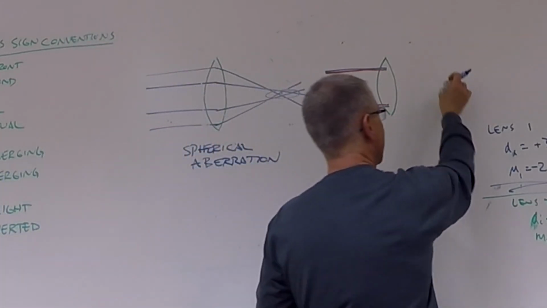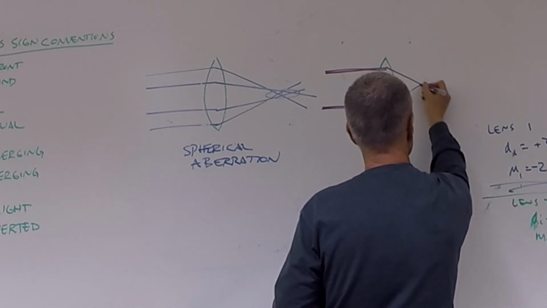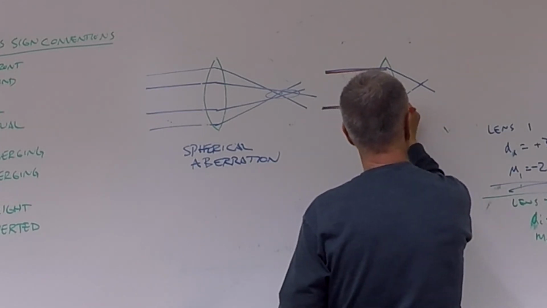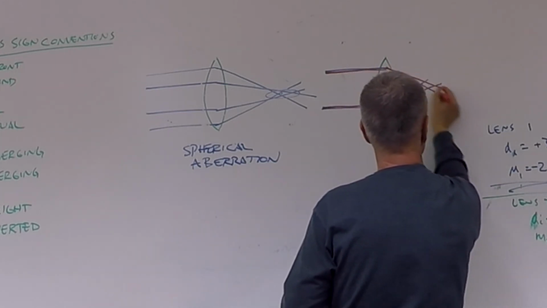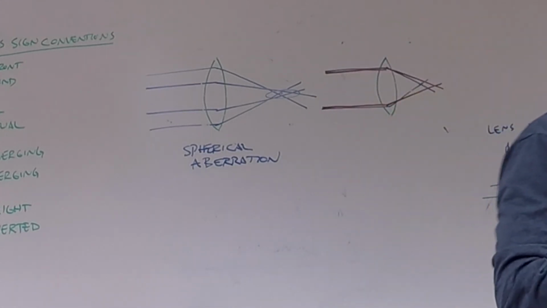So instead of having a nice sharp focal point here, you start to get something like this happening. There's maybe where the blue focuses, here's maybe where the red focuses, and maybe you've got the whole ROY G. BIV across there. You end up, again, with not a nice sharp focal point.